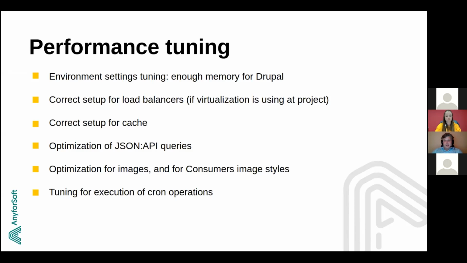At the same time, for more optimal image optimization, we also need some custom coding for providing only necessary image styles in the response, because Consumer Image Styles allows setting up the possible image styles only for a specific consumer, but not for a specific display mode or other things. So when we are querying the entity, unnecessary image styles will be created. It's not a good thing, but it could be solved by custom code.